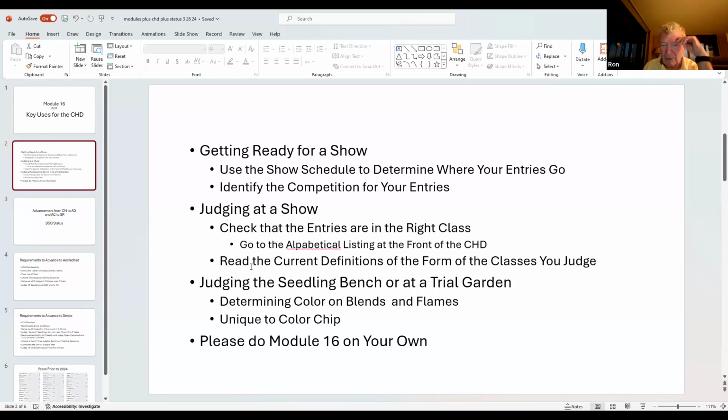The other thing that I think is really important when you're out there judging is that your CHD makes readily available the current definitions for the form of the classes that you're going to be judging. I think everybody has a reasonably good idea of what the definitions are, but reading them is important, particularly if you are not super familiar with them.